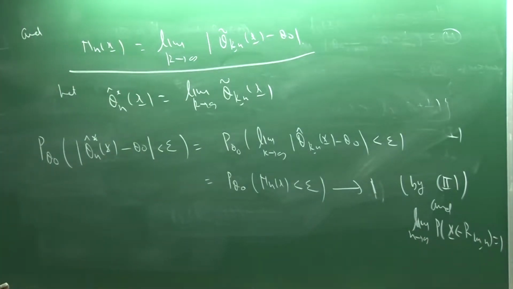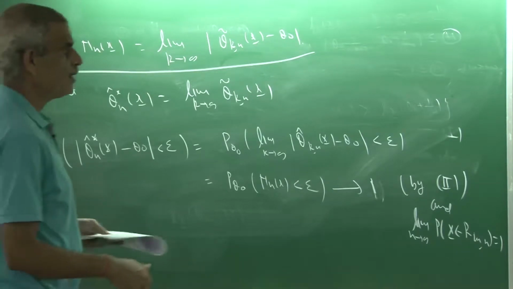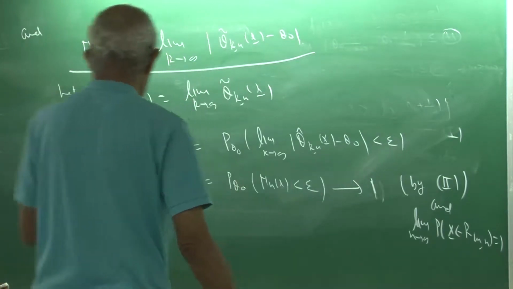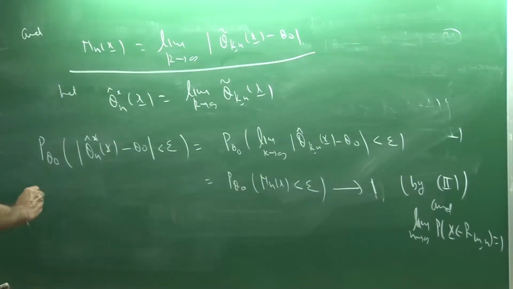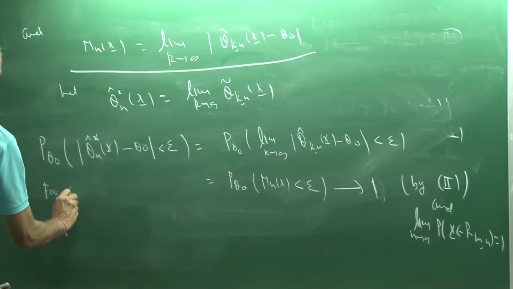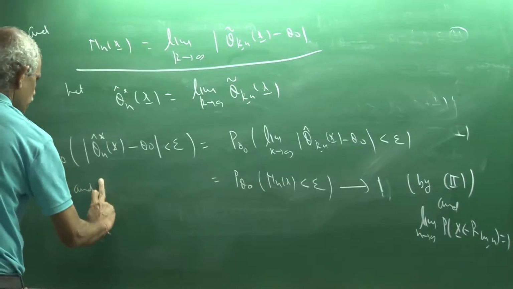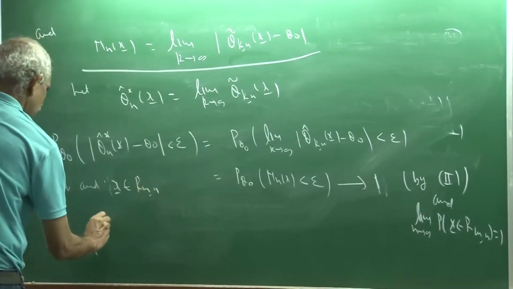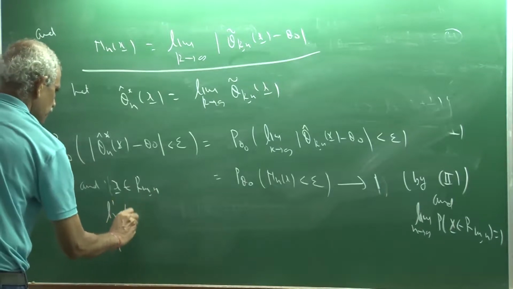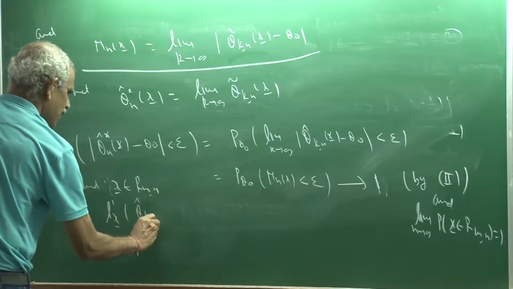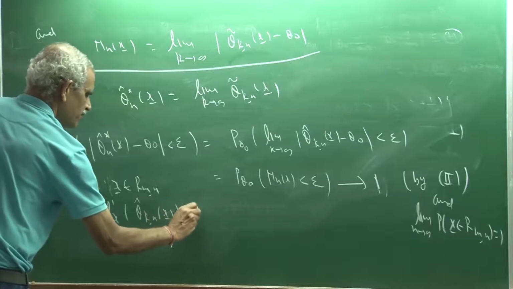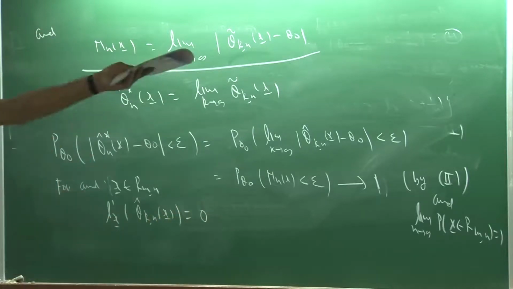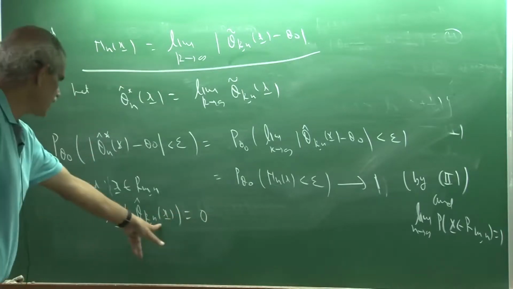So that proves that theta hat star x is consistent. It is a critical point that will... so also for any x belonging to Rn, Lx prime theta hat kn x is 0, right? Because that is what we had chosen.